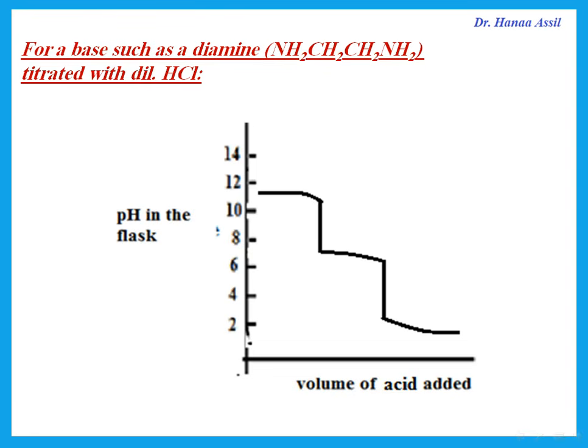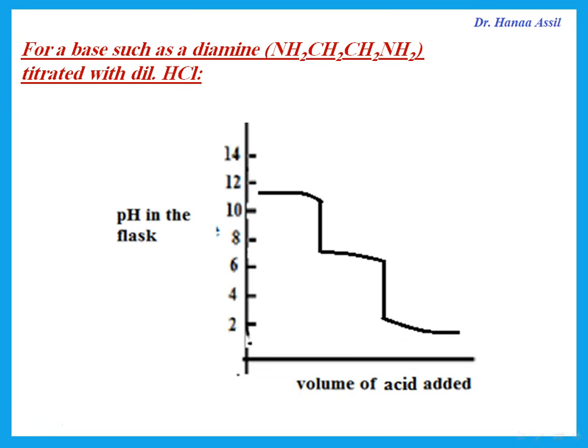Also, if I have a base like a diamine, it has 2 parts that can accept H+ ions. It has 2 nitrogen atoms that can accept H+ ions. So that means that it will accept H+ ions first, and then the other nitrogen would accept the other H+ ion.